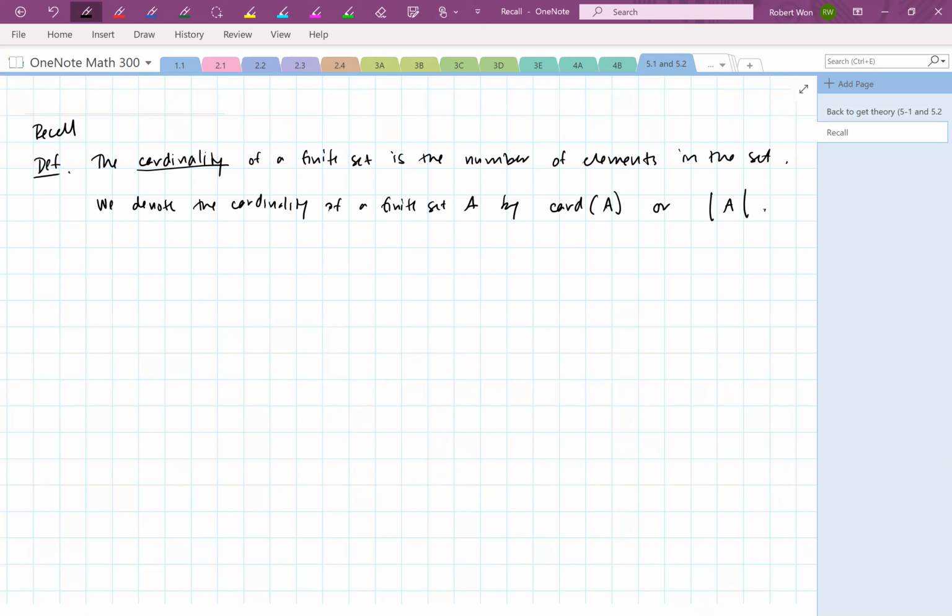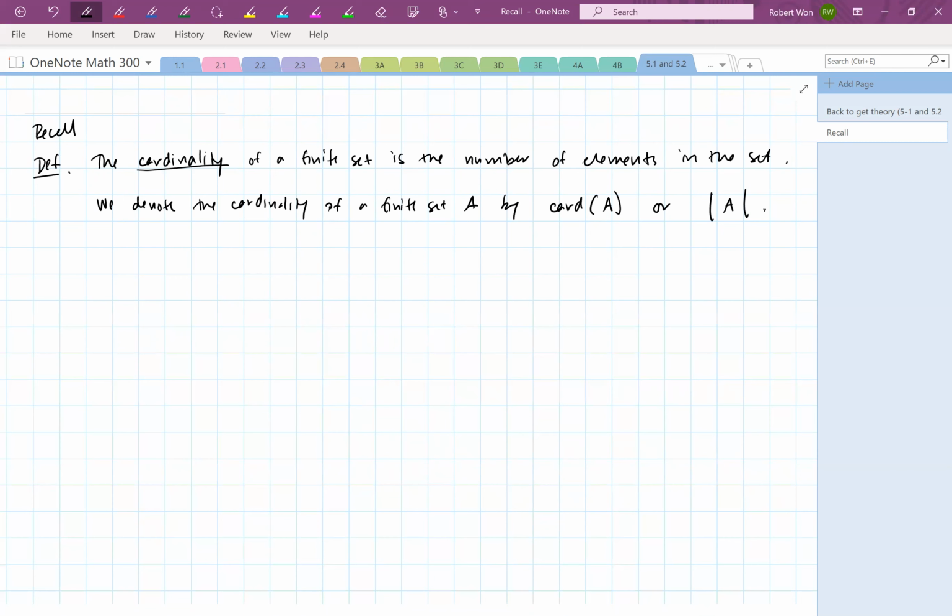Okay, and there is also a way to talk about the cardinality of infinite sets. And in fact, there are different sizes of infinity. This is one of the really important mathematical breakthroughs of the 1800s, Georg Cantor, the father of modern set theory. But it will take a few weeks before we can talk about different cardinalities of infinity.